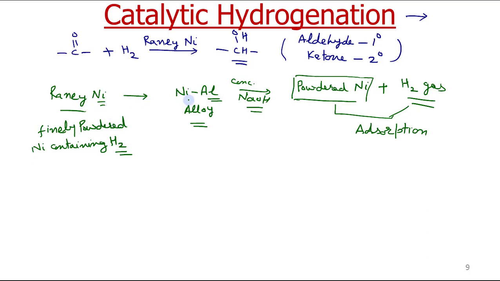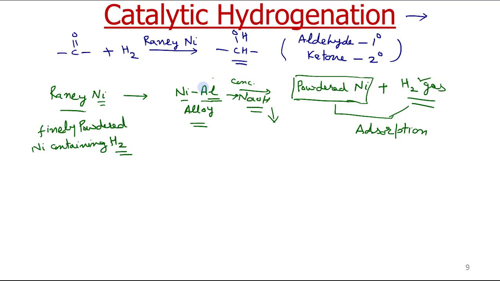The process is, we simply have to dissolve nickel aluminium alloy, we have to add concentrated sodium hydroxide. Aluminium reacts with the sodium hydroxide, we are left with powdered nickel, and aluminium on reaction with sodium hydroxide produces H2 gas. So this is Raney nickel.